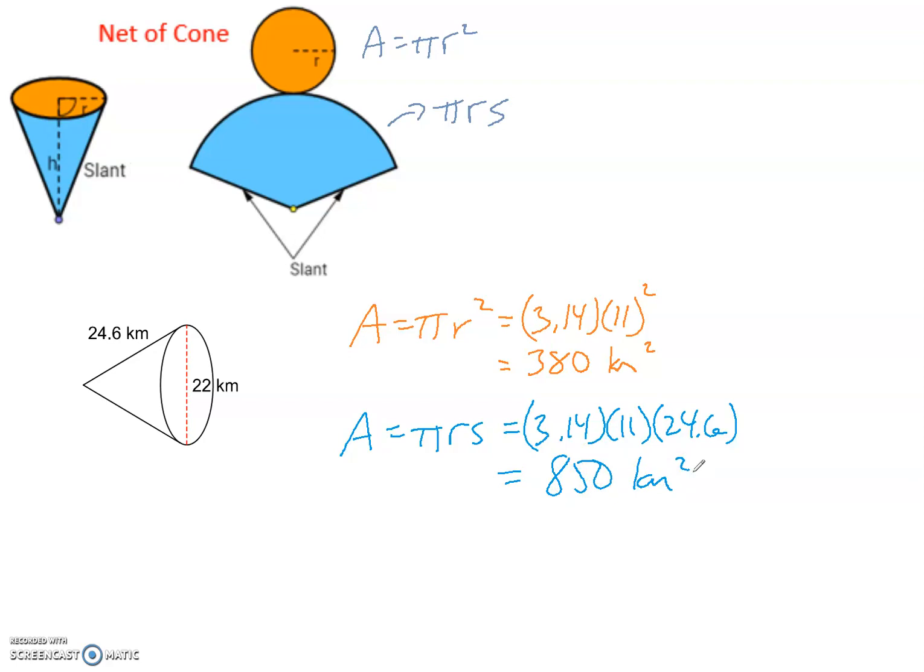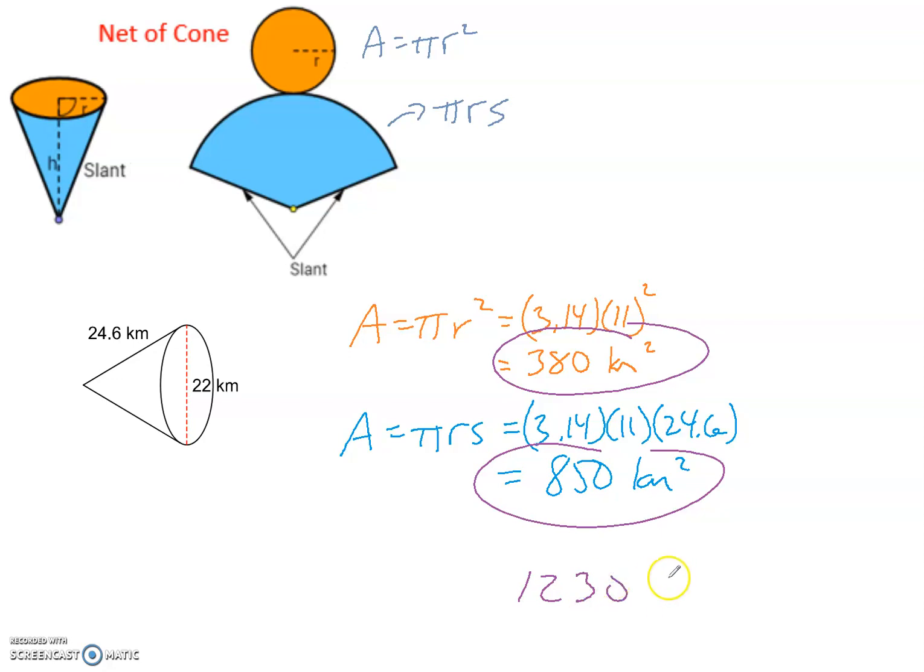Okay, well, now all I have to do is take my two measurements and put them together. I've got 380 for the circlish type part. I've got 850 for the outside type part. So I'll just take the 380 and add that to my 850, and we're looking around 1,230 kilometers squared for an entire surface area of a cone.